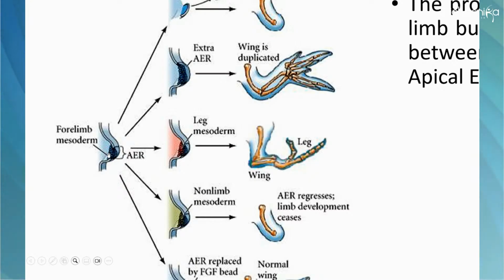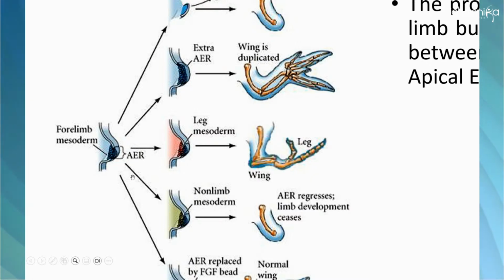So we have the mesenchymal cells or the forelimb mesoderm, which is extending the limb out. So both are required. AER gives signal to the mesoderm, or the underlying mesenchyme cells, to extend out, and mesenchyme gives signal to the AER to keep it maintained at the tipmost part of this limb bud.